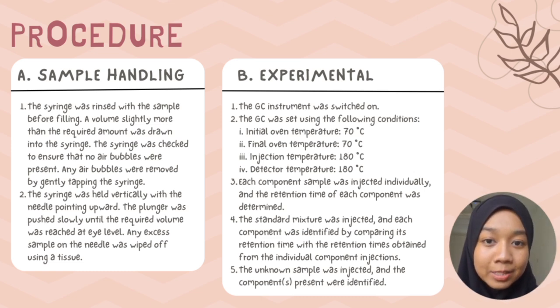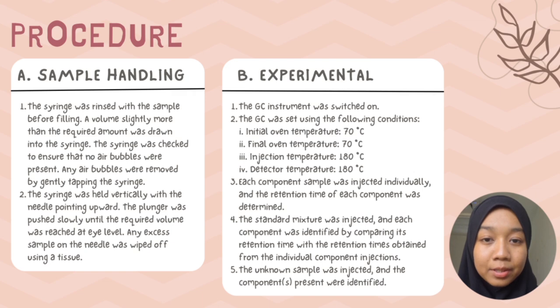Next is the experiment. The GC instrument was switched on and allowed to complete its setup. The GC was set with an initial and final oven temperature of 70 Celsius, an injection temperature of 180 Celsius, and a detector temperature of 180 Celsius. Each component sample was injected individually to determine its retention time, followed by the injection of a standard mixture to identify components by comparing retention time.